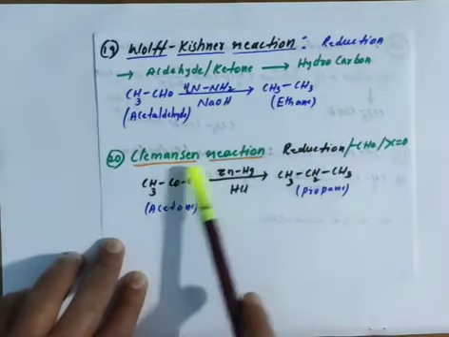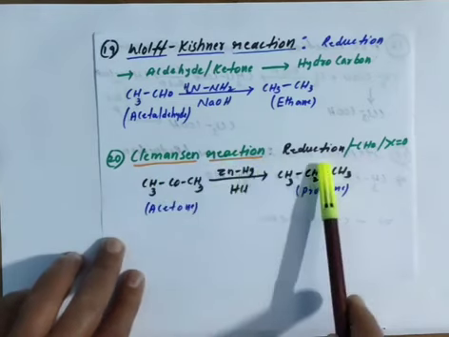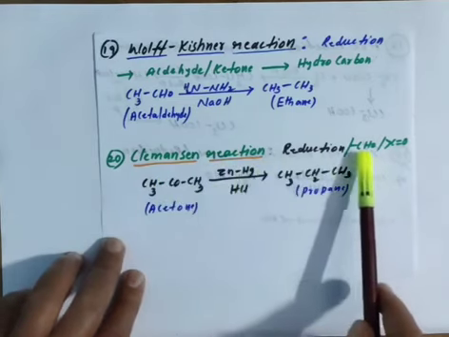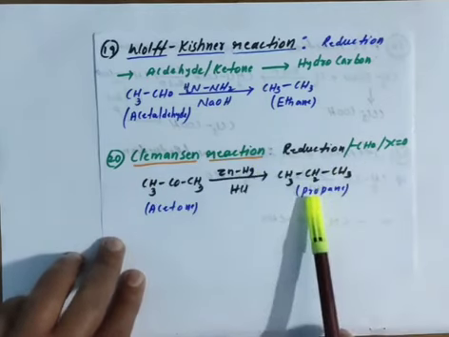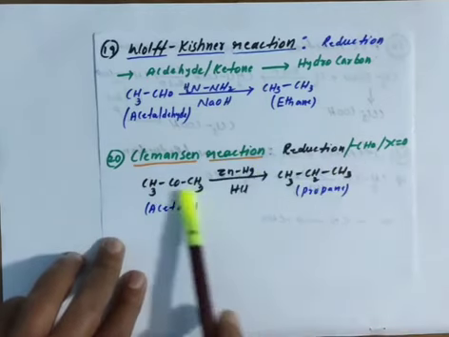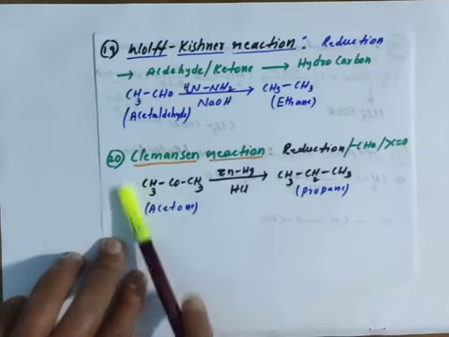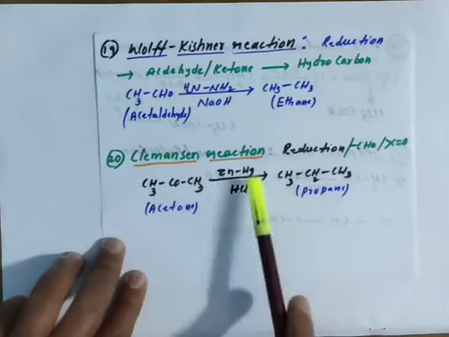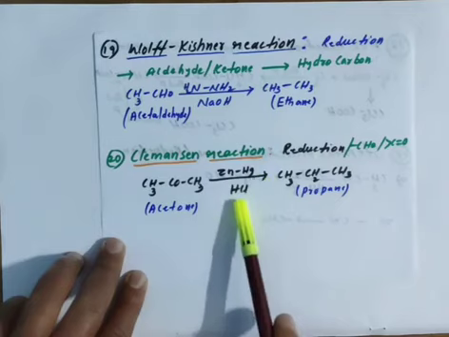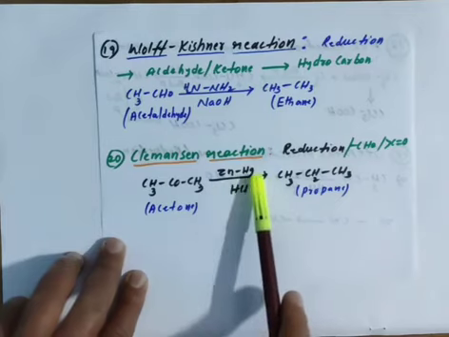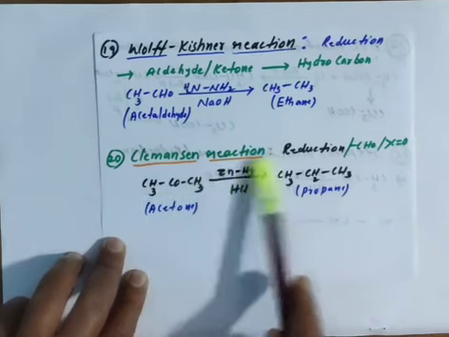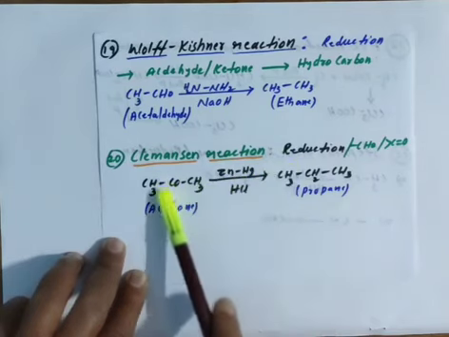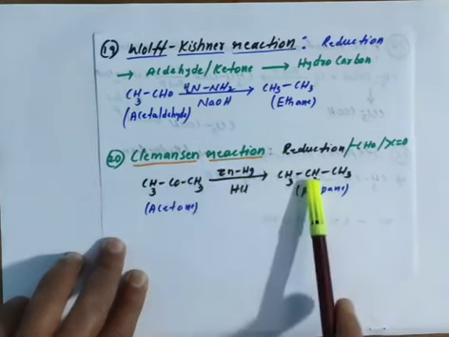Next, Clemmensen reduction. It is also a reduction reaction where aldehydes and ketones are converted to alkanes, that is hydrocarbons. Here I took acetone, a ketone, with zinc amalgam and HCl. Here the amalgam can't take part in the reaction and zinc will donate electrons, and this CO group is converted to a CH2 group.